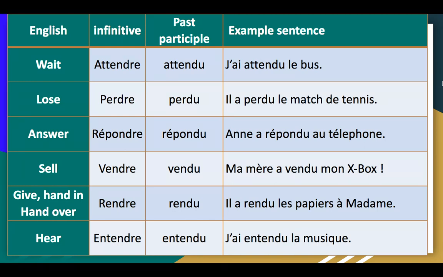We have a chart here, and I would like you to copy this chart down into your notebook. You're probably going to need to pause the tape and copy it, and then start it again when you've written it. You do not have to copy the entire chart. You can copy just the 3 columns on the left: the English, the infinitive, and the past participle. If you wish to write the example sentence, that might be very helpful, but you don't have to.